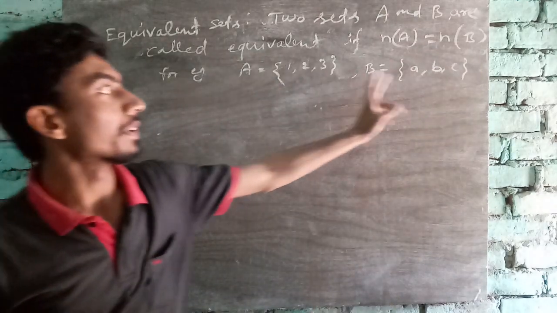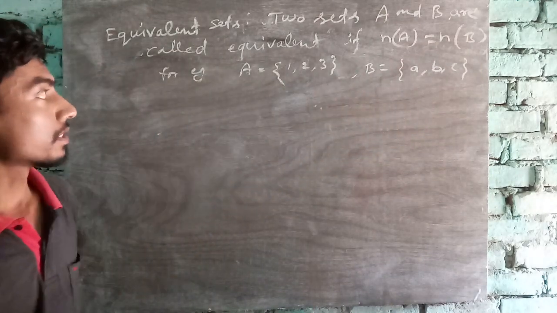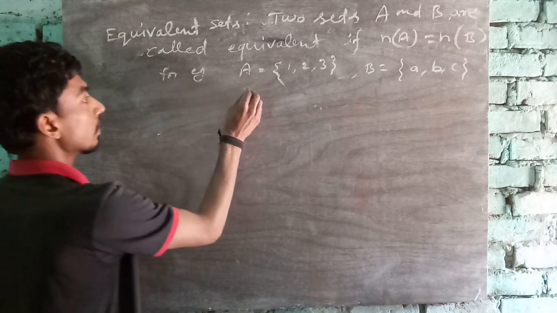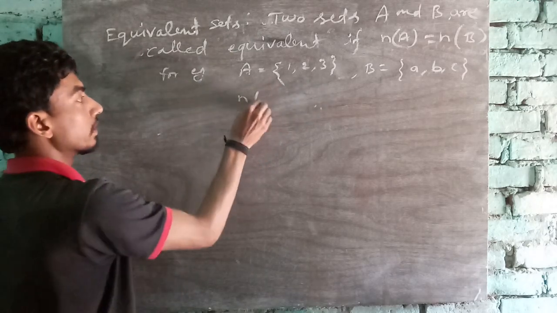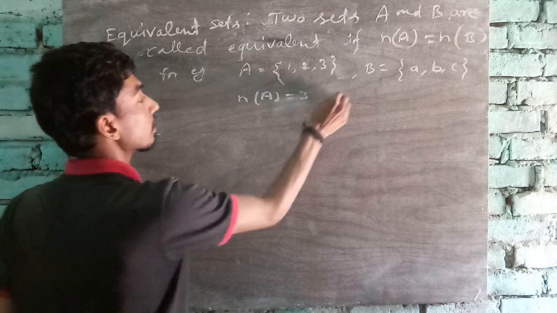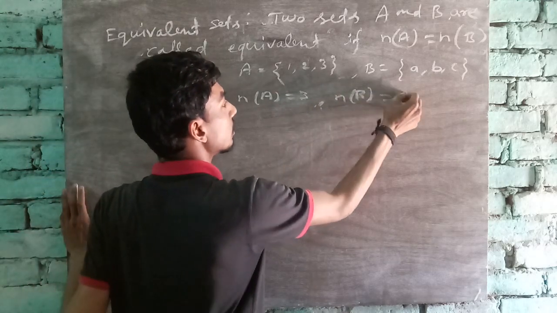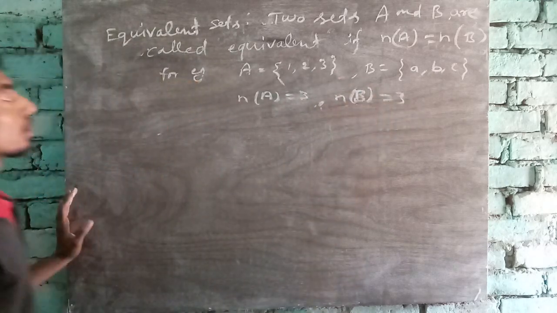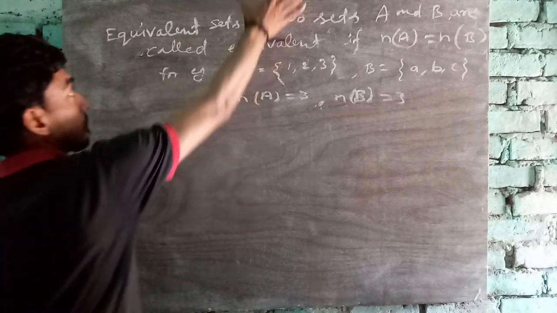Here the elements are different but the numbers are the same. In A there are 3 elements and in B there are 3. Therefore both are equivalent sets.